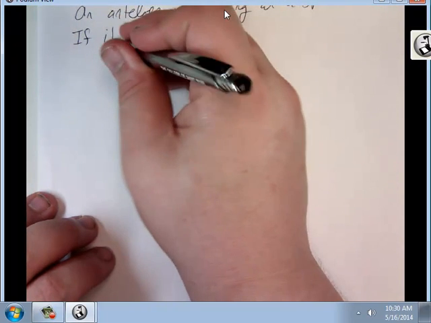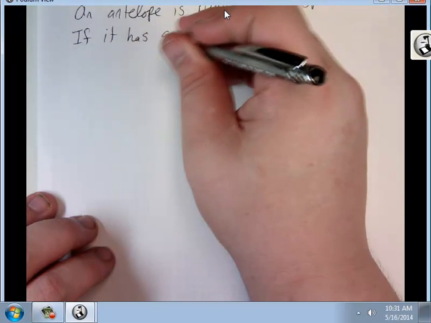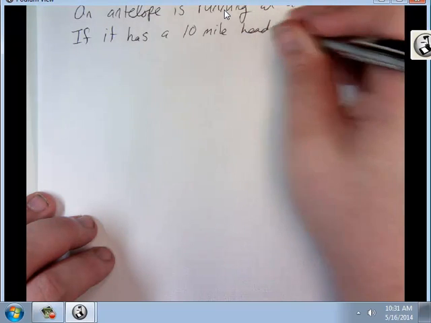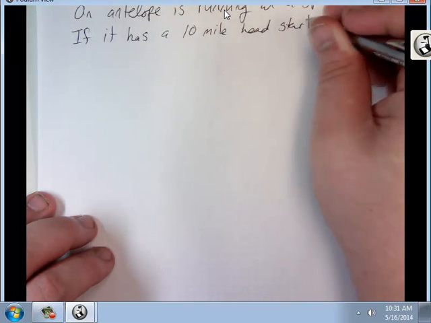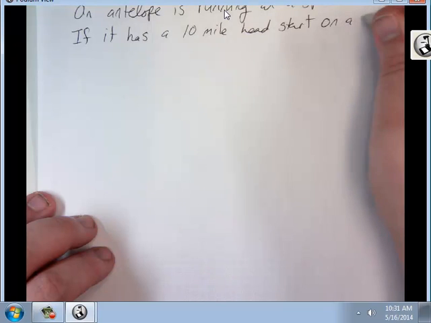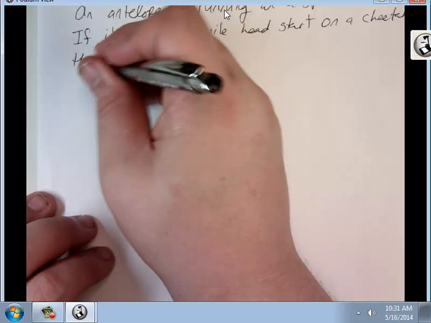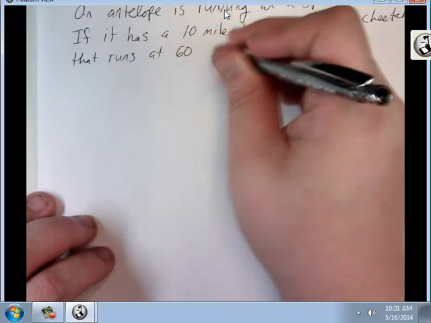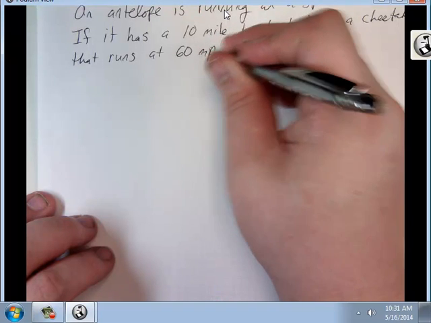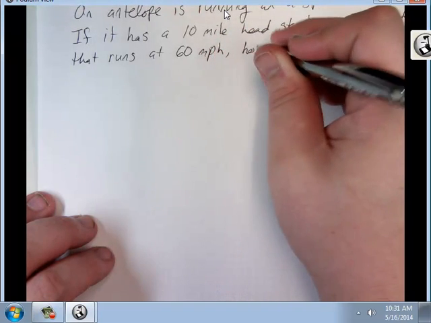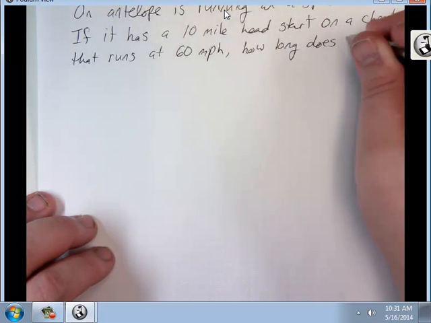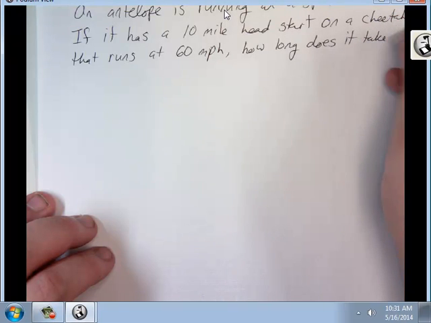If it has a 10-mile head start on a cheetah that runs at 60 miles per hour, how long does it take the cheetah to catch it?